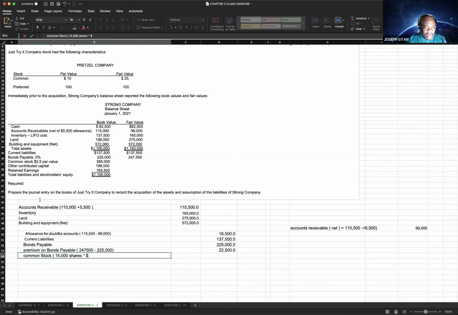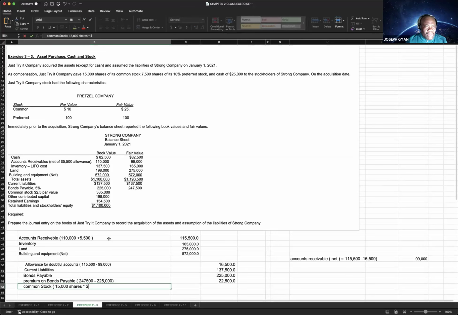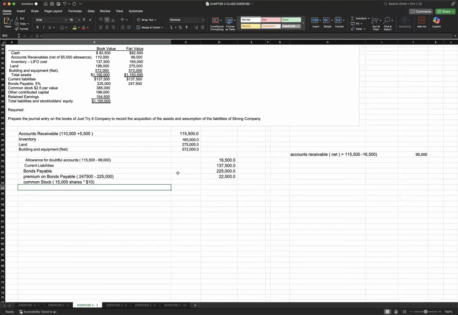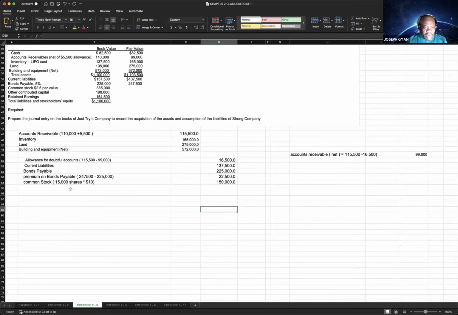The par value of the common is $10. Can somebody do the math for us? Then we have the 150,000.